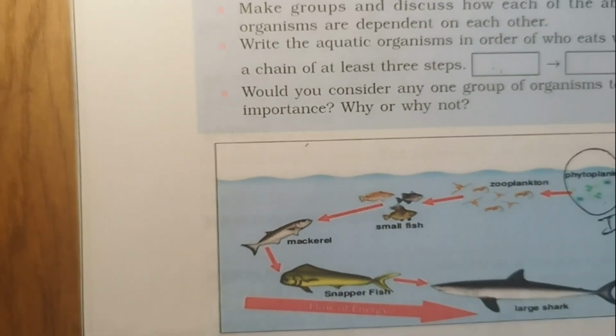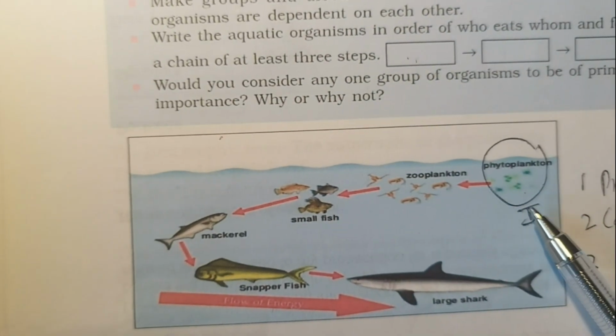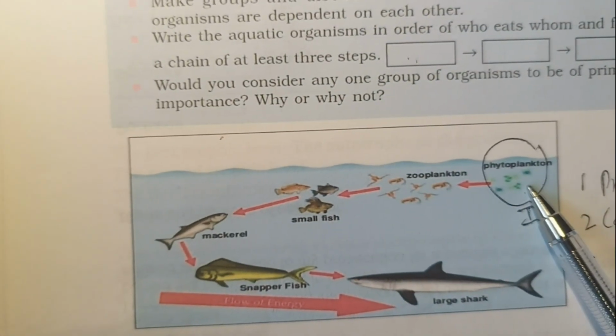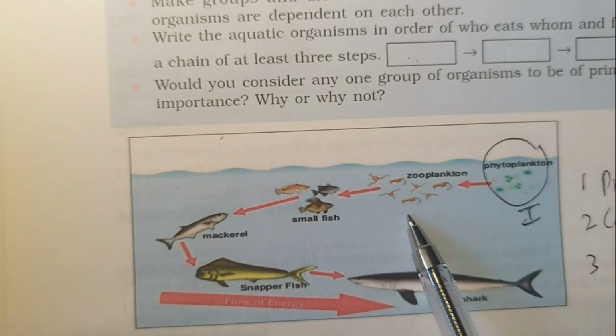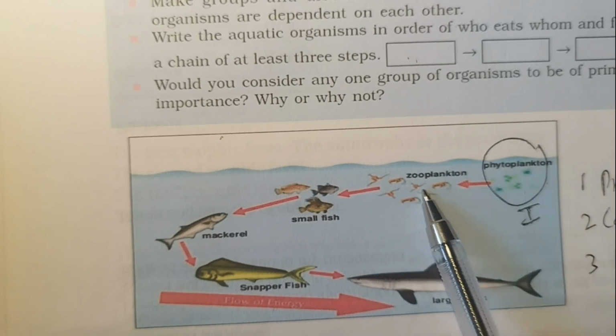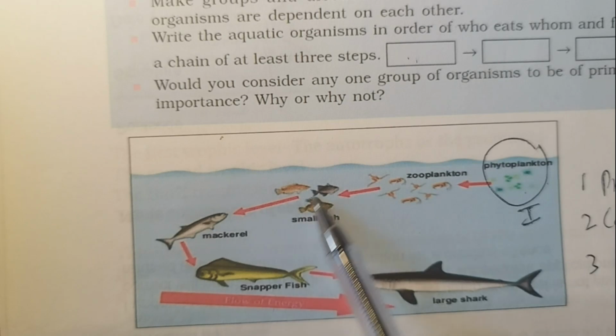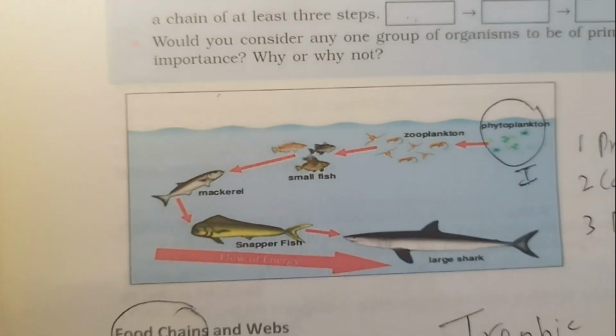So this diagram is important actually. These are the producers, so first trophic level. Then the herbivores that feed on producers, on the plants, that's the second level. Small carnivores will be third level, and large carnivores will be fourth level, okay?